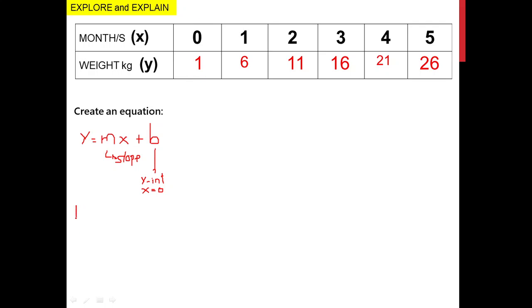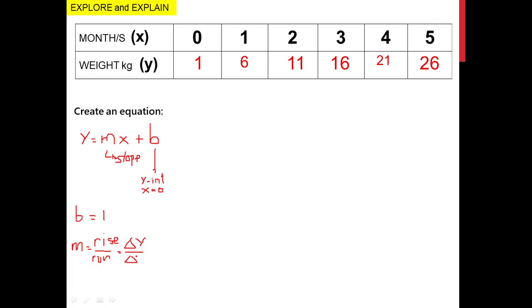So we can write it here: our y-intercept, or b, is equal to 1. So we only need the value of our slope for us to create the equation. Now, the slope, like we all know, is the rise over run, or the change of y over the change of x.